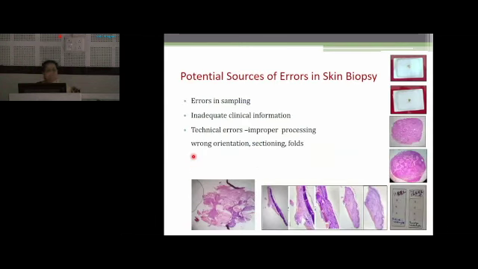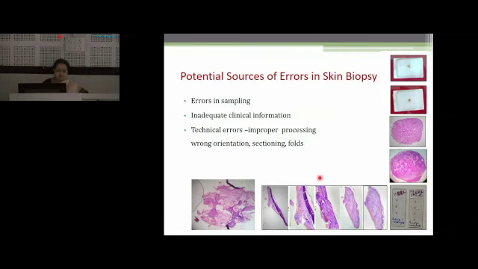There are some potential sources of error in skin biopsy. Error can be in sampling, inadequate clinical information, technical errors like improper processing, wrong orientation, sectioning, folds, wrong embedding. The importance of serial sectioning must be understood by a pathologist. See the same section on serial sectioning, how it improves.